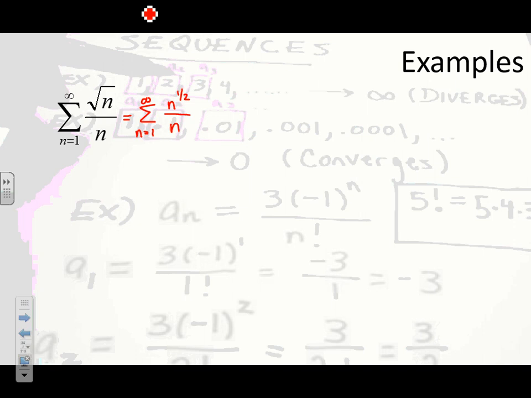Subtract. So I'd have n to the negative 1/2, which would actually be 1 over n to the 1/2. And so now we reduce, and on a problem like this, you would need to show how it reduces to a p-series. You wouldn't be able to just look at it and say p-series because it's not in the form 1 over n to some constant exponent. So you have to show what it comes down to as the p-series. Now it's a p-series with p less than or equal to 1, which means it's going to diverge.